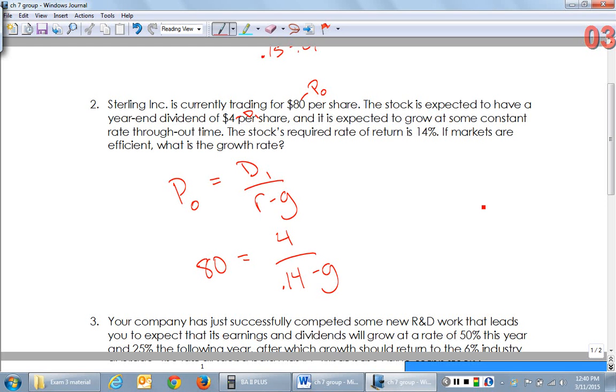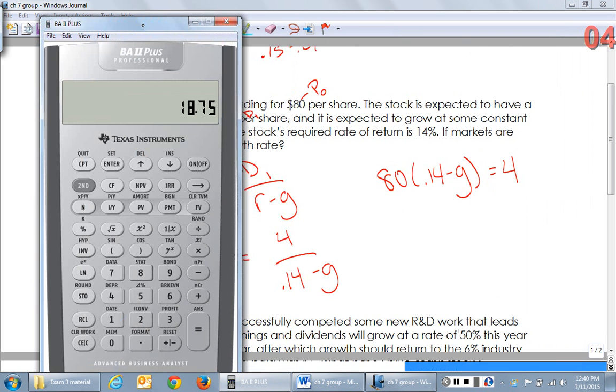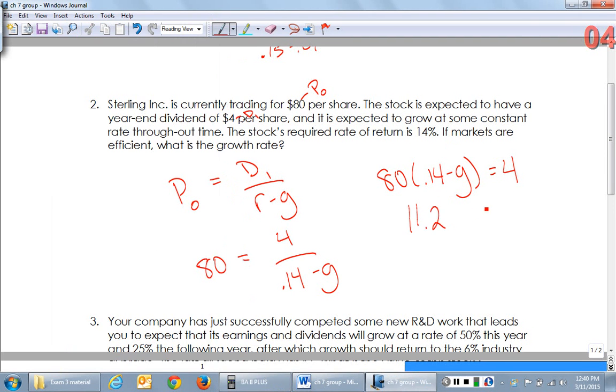We can multiply both sides by the denominator. Multiply that out. It gets to 11.2 minus 80G is equal to 4.